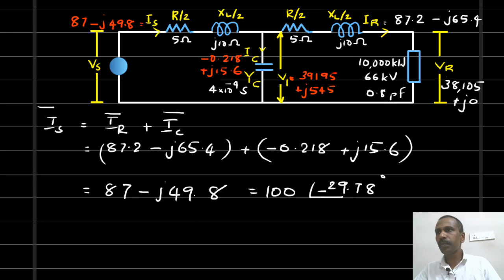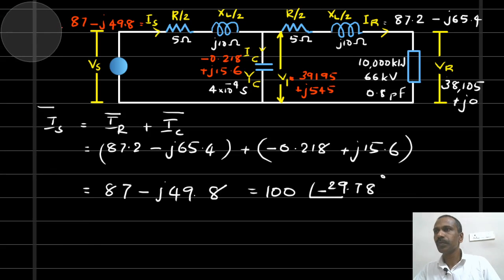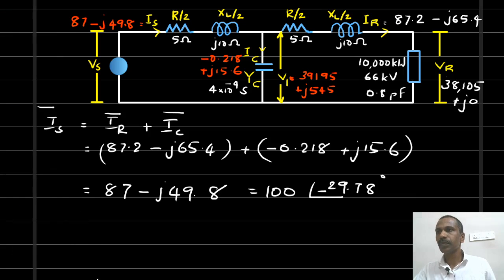In the polar form, this is 100 angle minus 29.78 degrees.